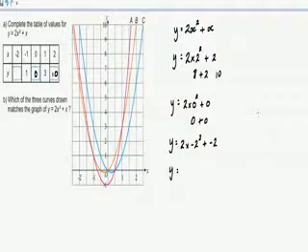Okay, so if we were to square minus 2, that will be minus 2 times minus 2. And remember, a minus times a minus gives us a plus. And 2 times 2 is 4. So 2 squared would also give us 4.